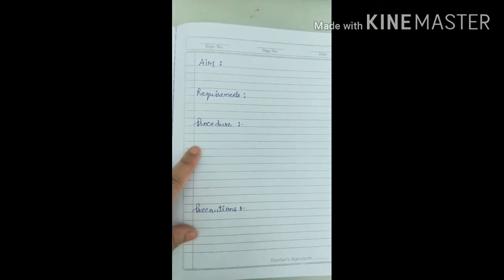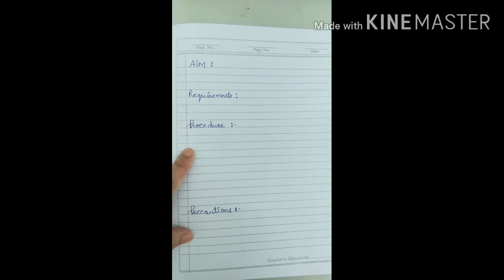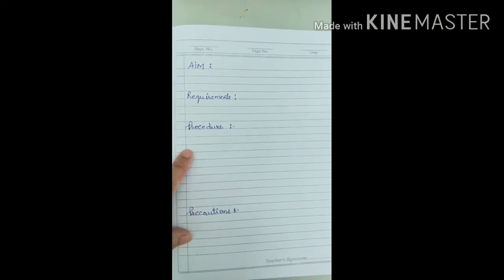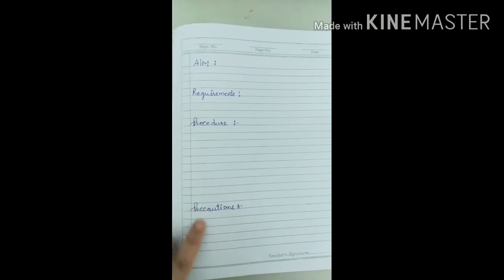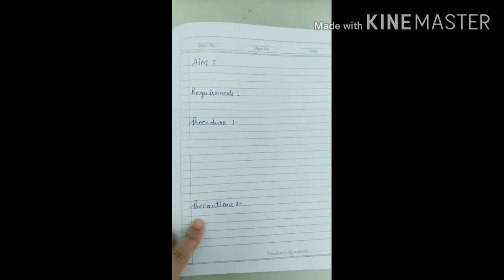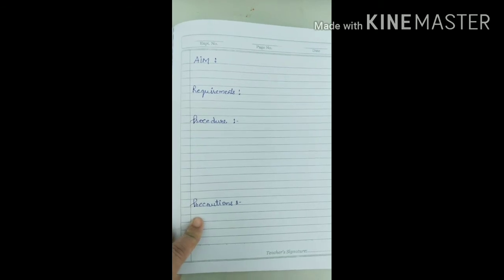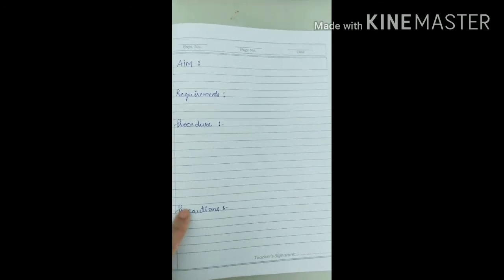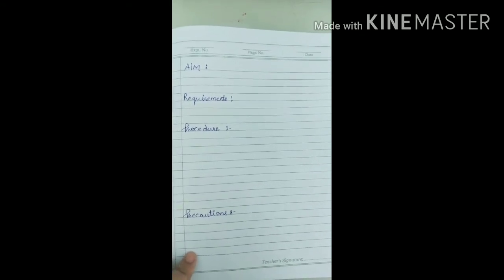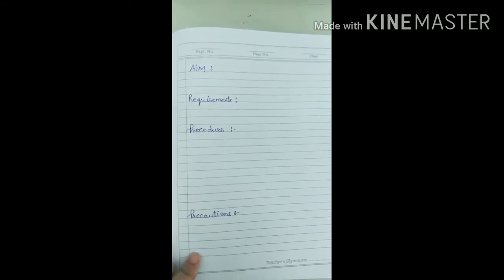Then you have to write down the procedure, all the steps involved in performing the activity. Then you have to write down precautions, if any. If there are some precautions in some experiment, then you have to write them down. If there is no precaution, then you don't have to write it down.